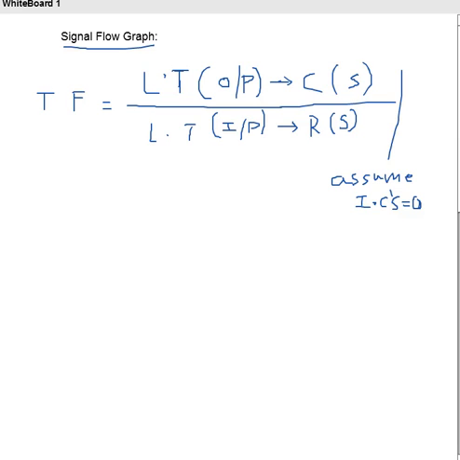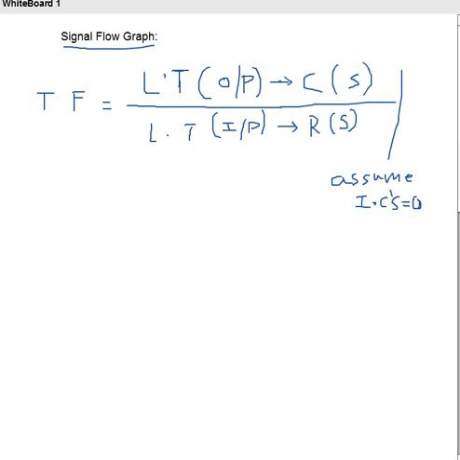I already told you there are various techniques to find the transfer function in control system. There is block diagram reduction, where we have to follow some rules. Since in this demo class I am taking only signal flow graph, I will explain that.